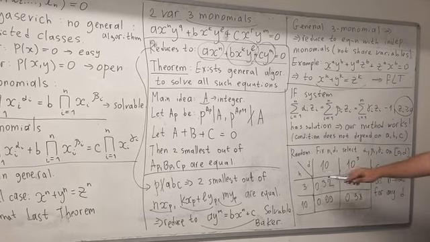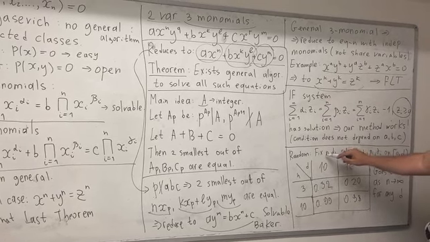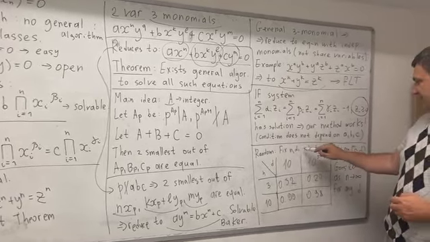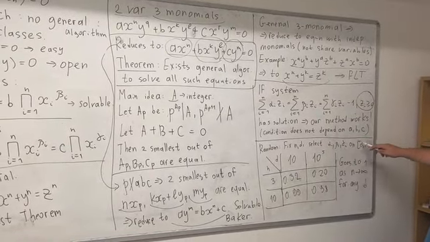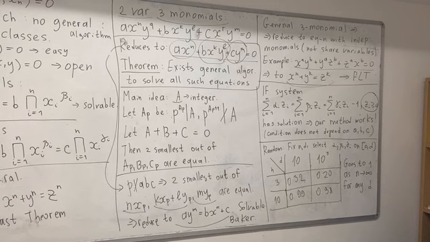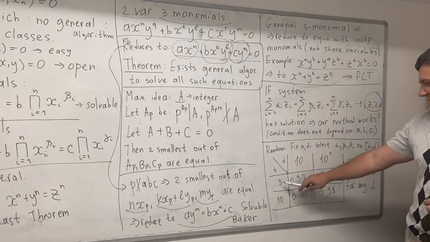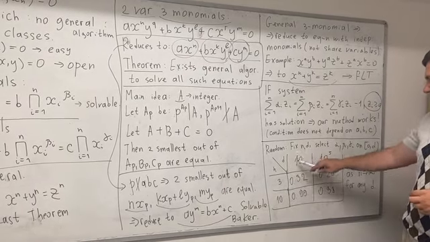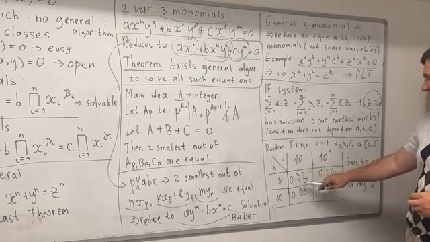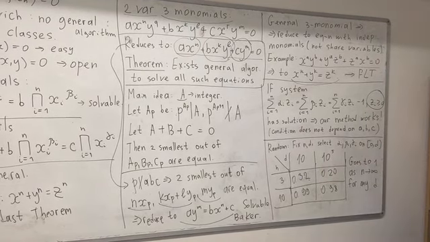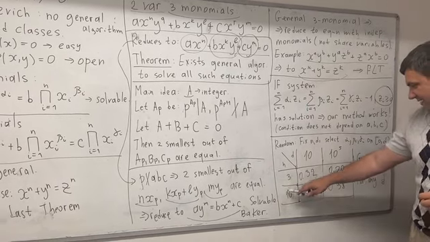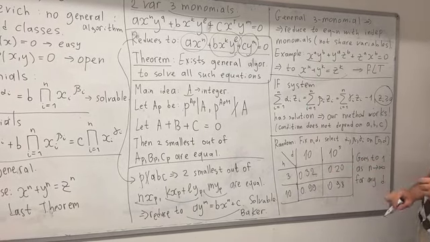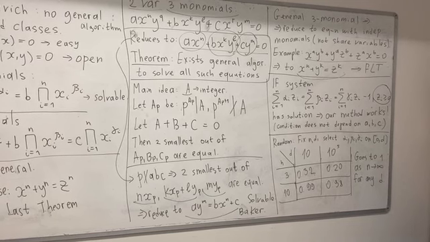For example, we fix the number of variables n, we fix the degree d, and then select all exponents at random on the interval 0 to d. Then, for 3 variables and degree 10, only 30% of equations are solvable by this method. But if we have 10 variables, then already 99% of equations are solvable by this method.